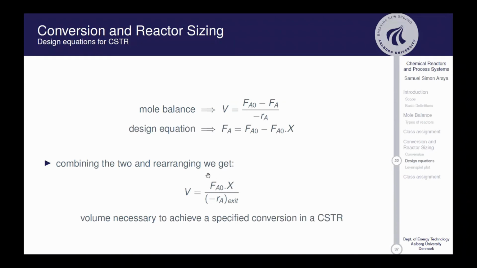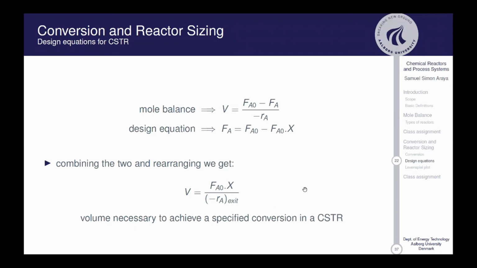So the molar flow of A entering times the conversion divided by the rate of reaction. So what we're doing is just that we had this mole balance and we're just substituting FA. So here, we're just putting this in here.